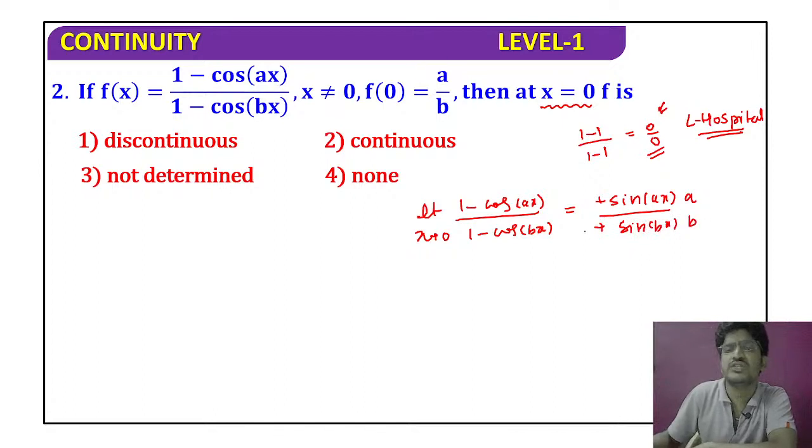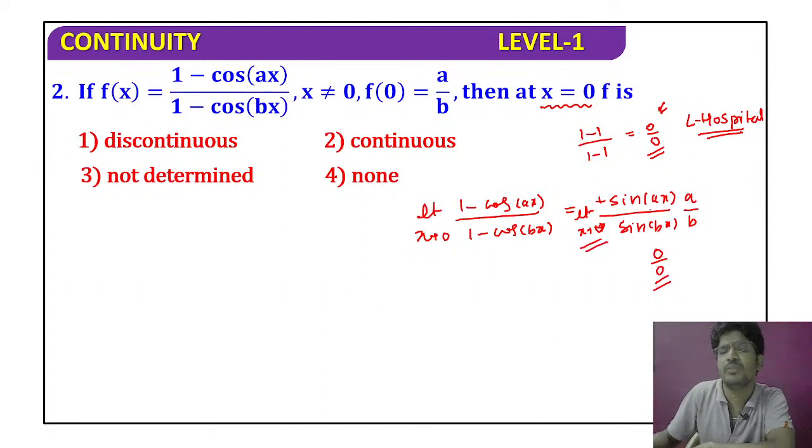This is our first differentiation. Clear? So you got a by b. Again if I put 0 here, sin 0 is 0 and sin 0 is 0, so again it is 0 by 0 form. So you apply L'Hospital rule for the second time.